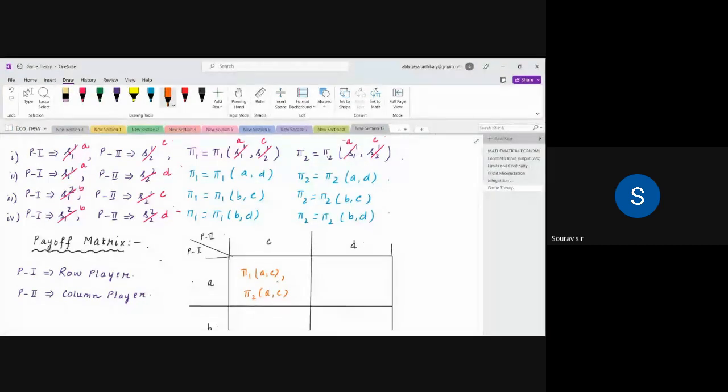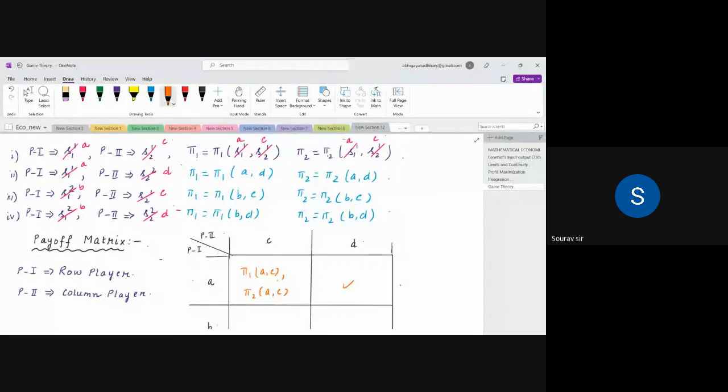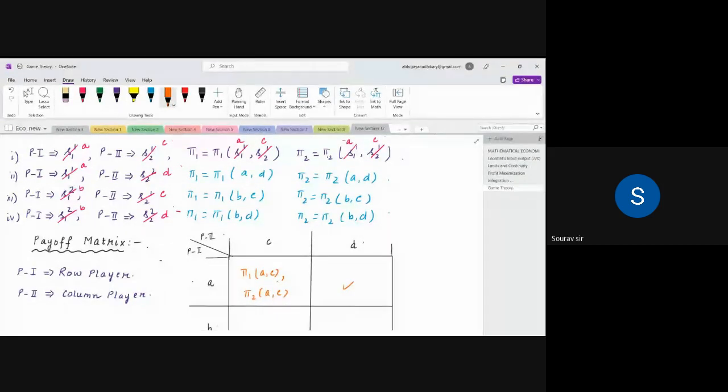Similarly, now comes this box. Can anyone tell me what this box means? How do we understand this? Player one chooses strategy A and player two chooses strategy D. Correct.